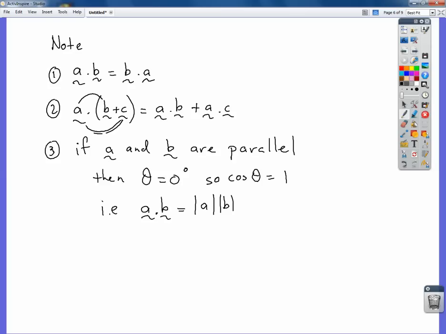This is important, number 3. If vector A and vector B are parallel, then the angle between them is going to be 0, which means the cos of 0 is 1. Therefore, A dot B, if they're parallel, will equal the magnitude of A times the magnitude of B.